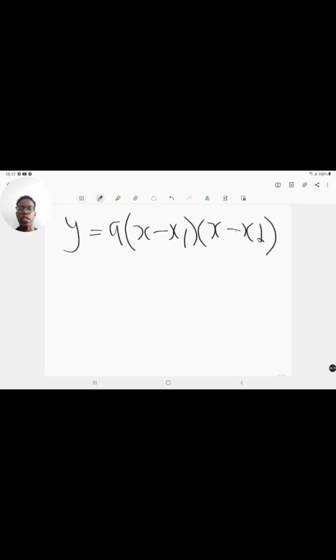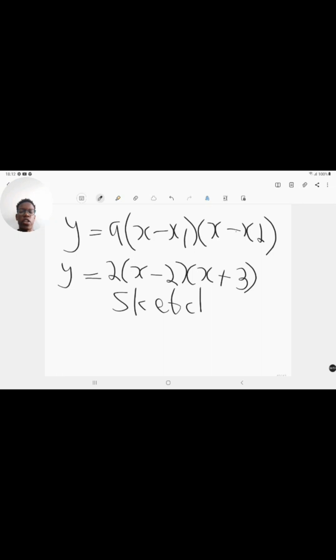Let's say we've got y in this standard form: y is equal to 2, x minus 2, x plus 3. It's just an example. And let's say we are asked to sketch this function with this equation.